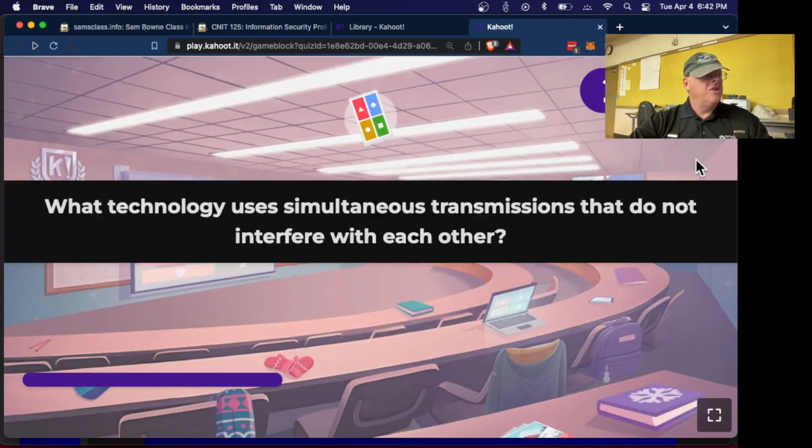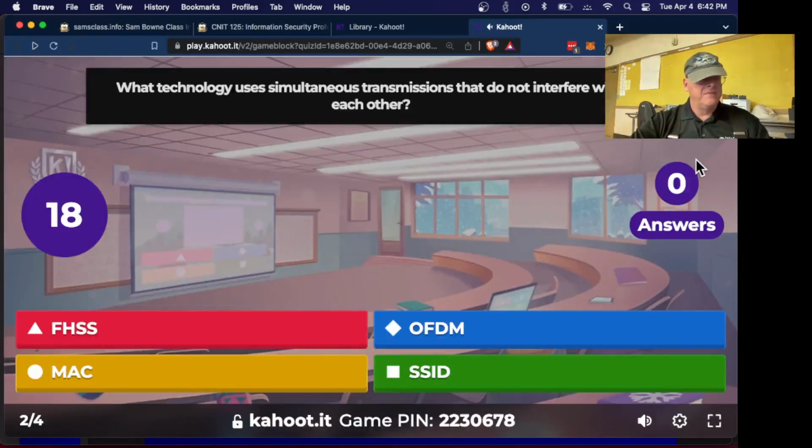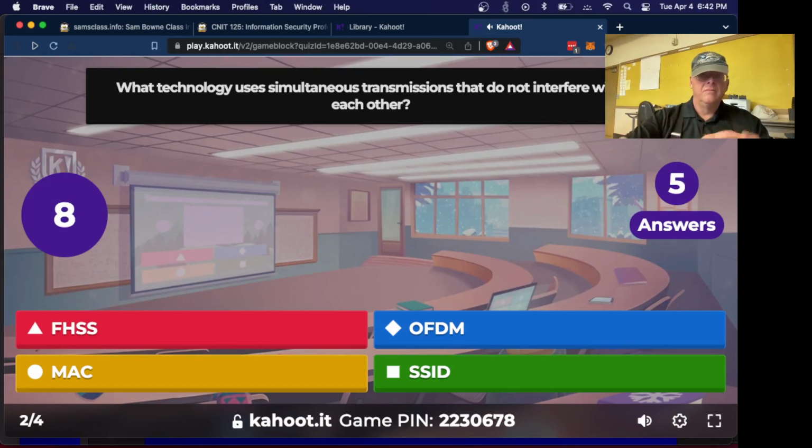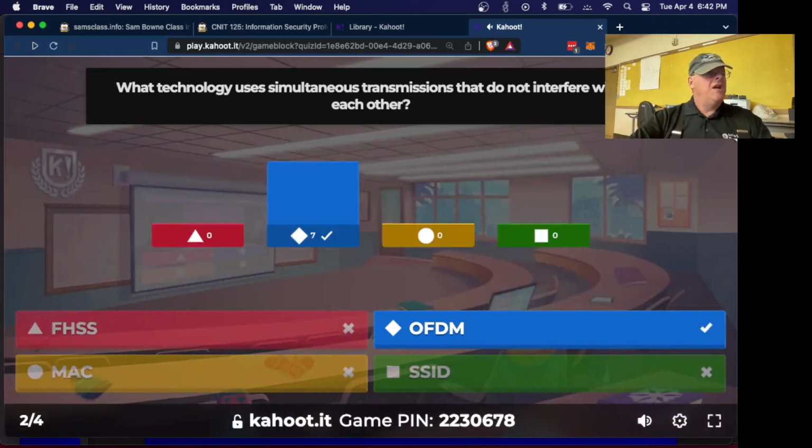All right, what technology uses simultaneous transmissions that do not interfere with each other? Yeah, orthogonal frequency division multiplexing. The orthogonal means that these signals do not get mixed with each other.